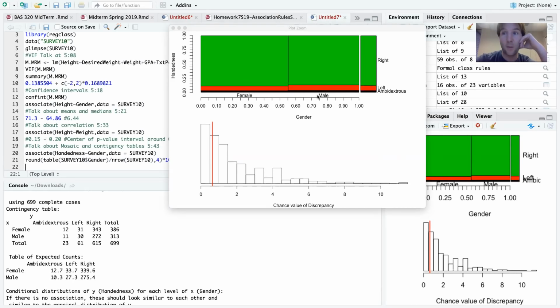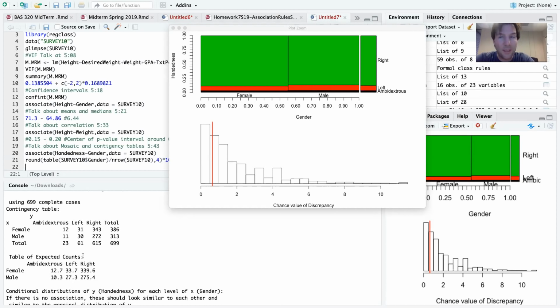You notice as I hover over each part of it, the marginal display of gender, the marginal display of handedness, and the bivariate relationship that these variables have with each other. The bivariate is the inside of the contingency table. So the contingency table shows you the counts for each of the combinations inside of there.